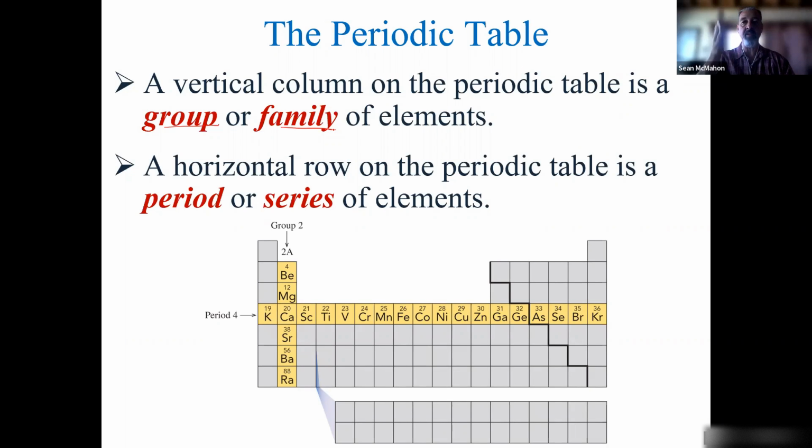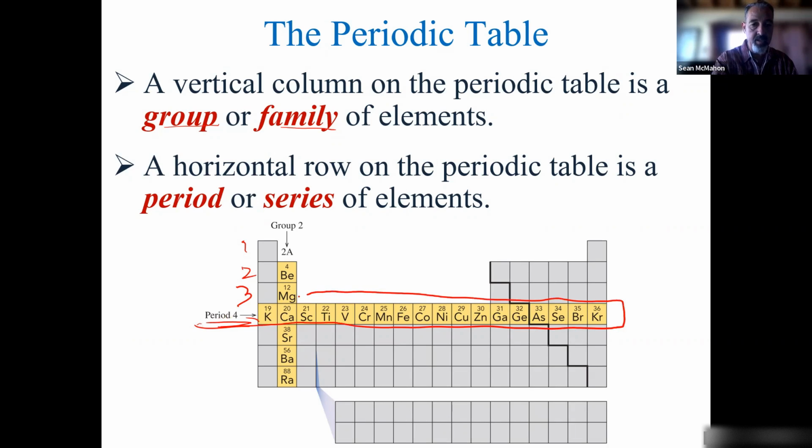If I told you, all right, in period 4, group 2, write the elemental symbol. You could easily go, okay, well, here's period 4. How do I know that? Here's 1, 2, 3. This is the 4th row. That's my period. And in group 2, well, what do I mean by group? Column 2.